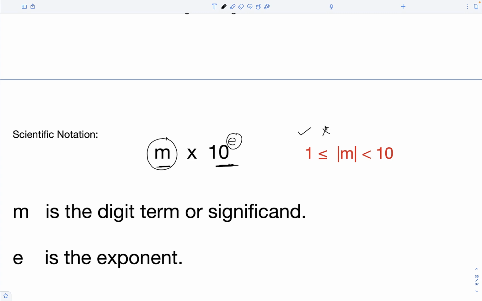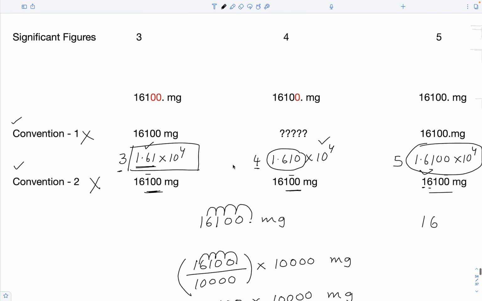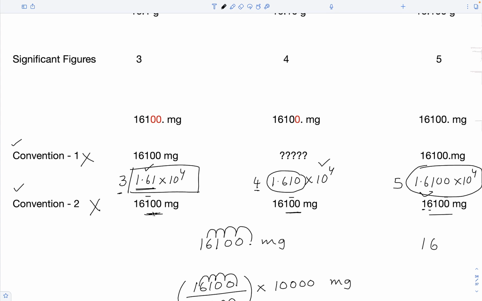It is very important. This means there can be only one non-zero digit to the left of the decimal place in the significand. That is what this means. In the scientific notation, this exponent term tells the location of the decimal point in the original decimal. That is the purpose of this exponent term.